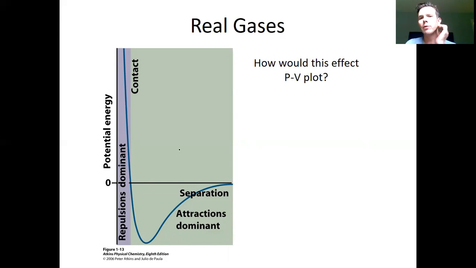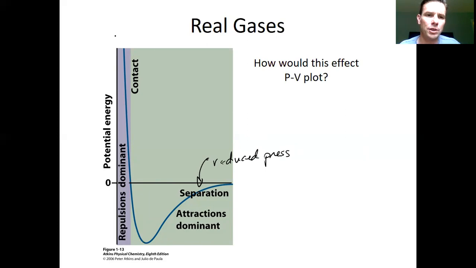And so the question is, how would this affect a PV plot? And the answer is, if molecules are attracted, right, they're going to whack the walls less hard than they would if there were no interactions. So in this region here, you would expect reduced pressure.